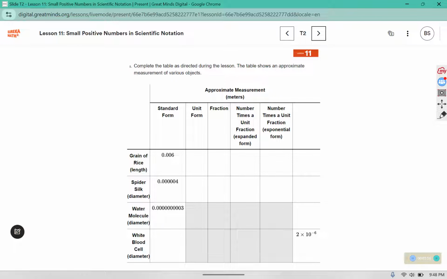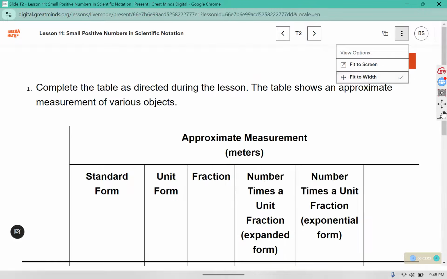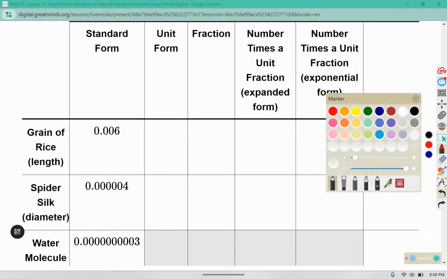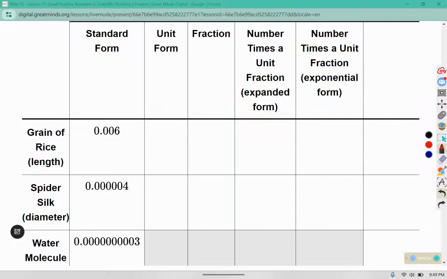So we're going to complete this table as directed by starting with the first two rows. And it says the table shows an approximate measurement of various objects. I'm going to zoom in here so I have a little bit more space. To write 0.006 in unit form, we're going to write it with the word as we would say it.